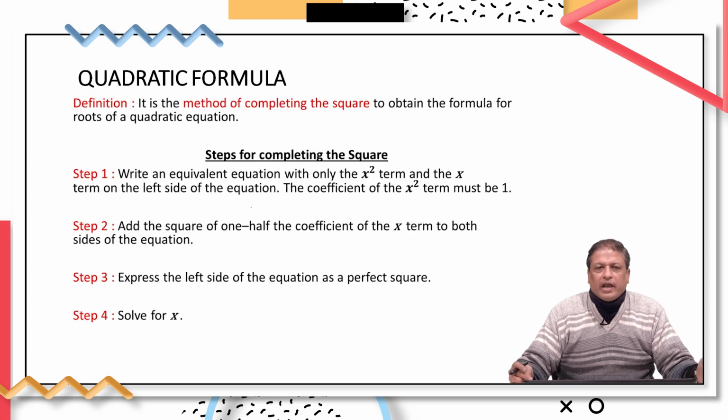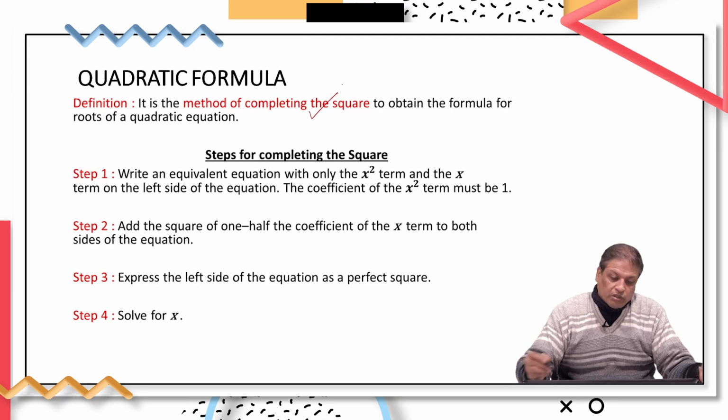There are some steps for computing the quadratic formula, but before that, let's understand the formal definition. The quadratic formula is a method of completing the squares to obtain a formula for the roots of a quadratic equation. What are the steps for completing the squares?